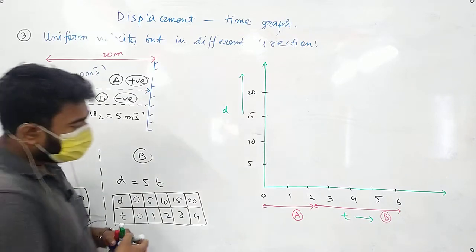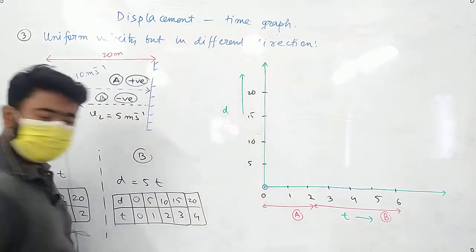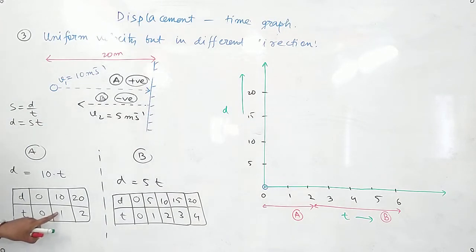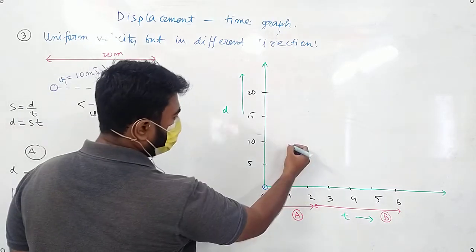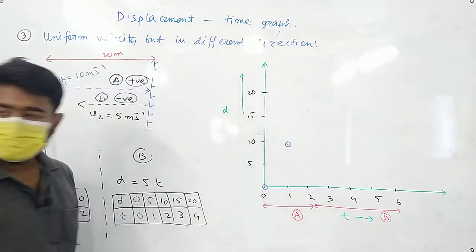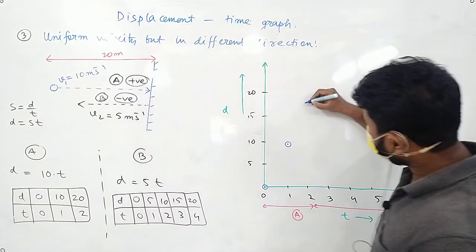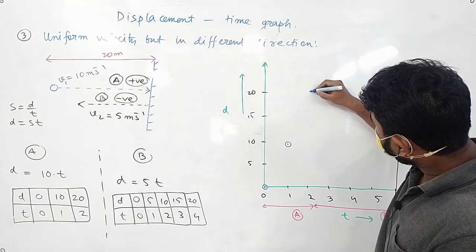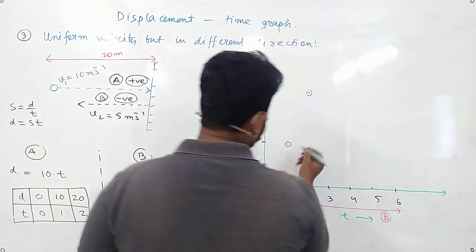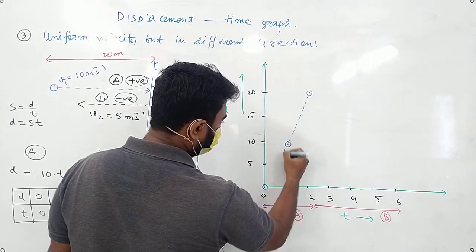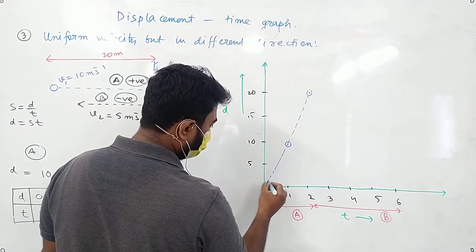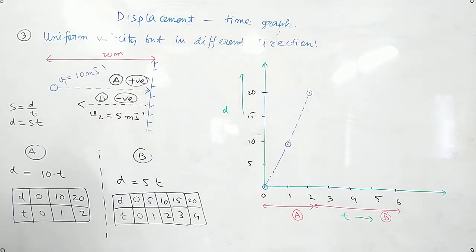When it is 1, the displacement is? Can we do this one? When it is 2, the displacement is? Can I do it in this way? So if I draw, I'll get a line like this.